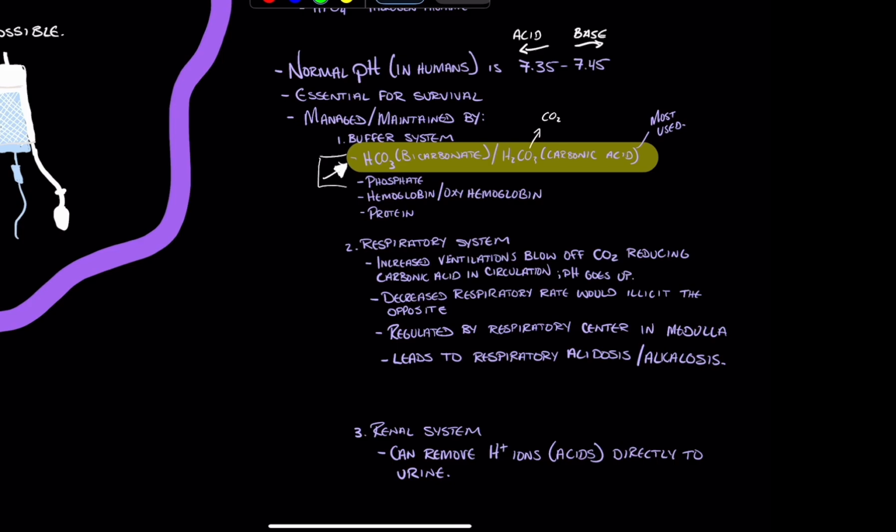So if we are able to recognize things that might shift these, like when we talk about respiratory issues, having a good understanding of our buffer systems will help you comprehend why somebody's end tidal goes low when they are breathing rapidly.